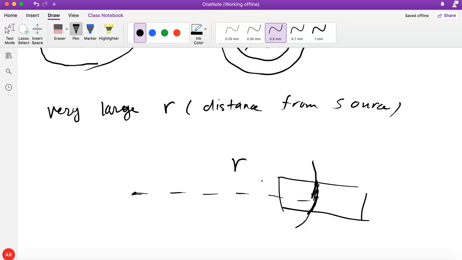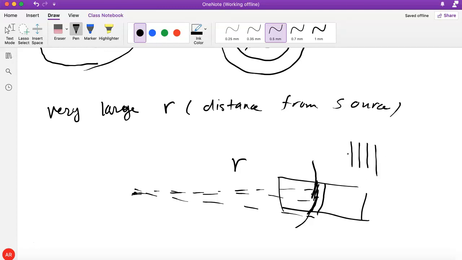If r is very large, and you look in a reasonably sized region here, you're not going to see much curvature, right? The difference between all these angles is going to be, so this angle here is just this characteristic perpendicular length divided by r. And if r goes to infinity, for example, the radii become almost parallel, right? So then lambda is some small number a little bit away. So roughly we see these wavefronts in this region that are parallel.